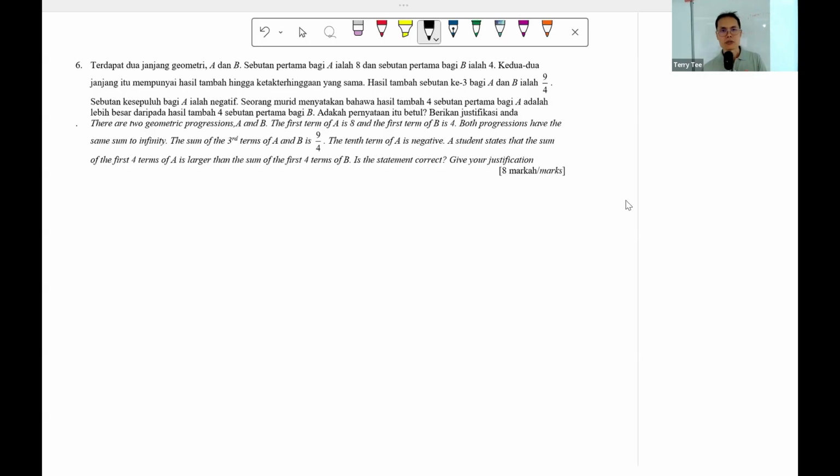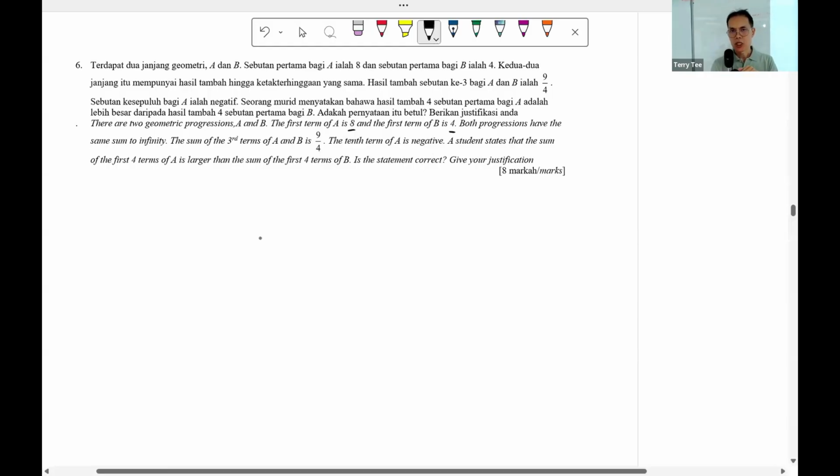Progression book. Okay, so here we have two geometric progressions A and B. The first term of A is 8. The first term of B is 4. Both progressions have the same sum to infinity. All right.